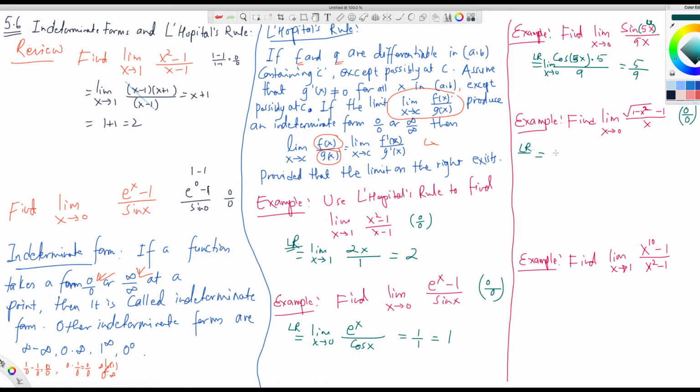So it equals the limit as x tends to 0. What is the derivative of that? Let me write it like this: (1 minus x squared) to the 1/2, minus 1, with a prime, divided by x with a prime. What is the derivative of the top?